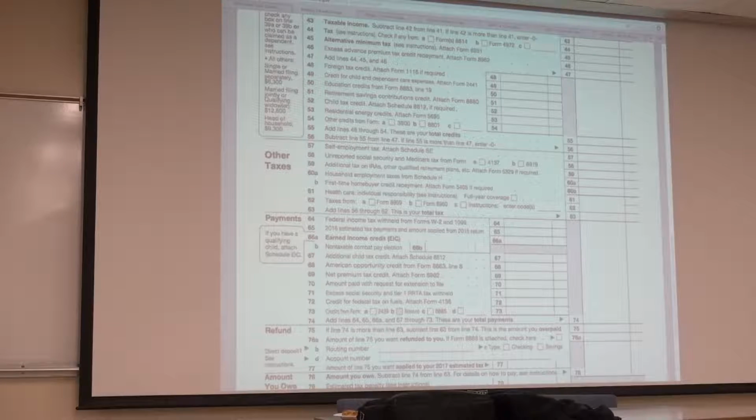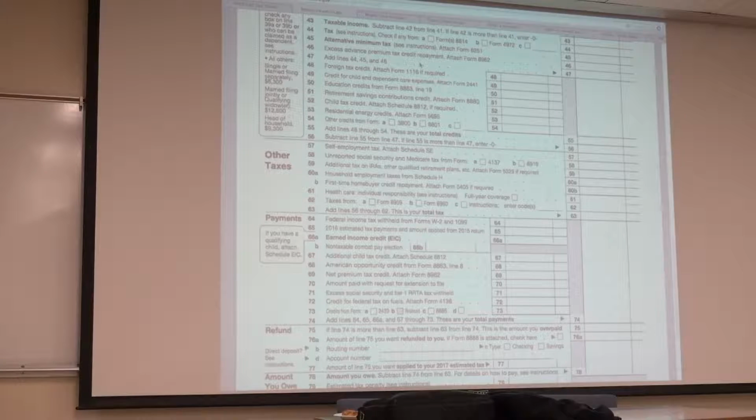Let's see. We'll talk a little bit more about this premium tax credit. It's related to the healthcare stuff. If you've had health coverage throughout the year and you had to make payments, or if you've had credits paid to you or to your insurance company, we'll talk about that. But just know that this premium tax credit is a reduction of your tax liability. So if you have low-income families and they have this 1095 or the 1095A, I think.